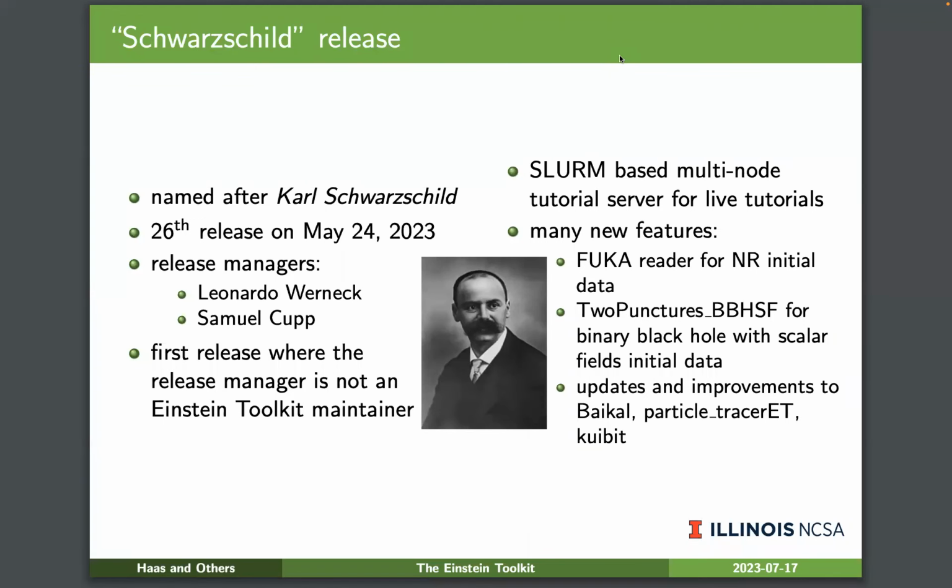That's another initial data code, more specialized for scalar fields around a single black hole. That goes towards looking at things that are not just relativity anymore, or not just Einstein's relativity anymore. And that's part of the Canuda framework that has been part of the Einstein Toolkit and has been providing these sorts of functionality. So nice to have.